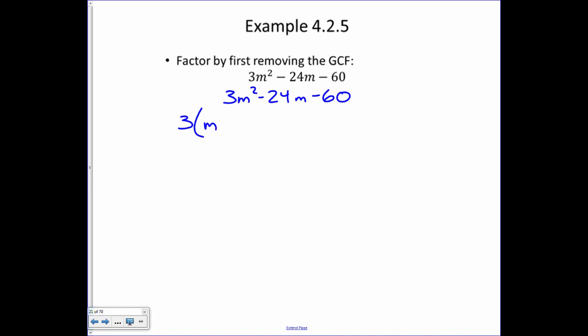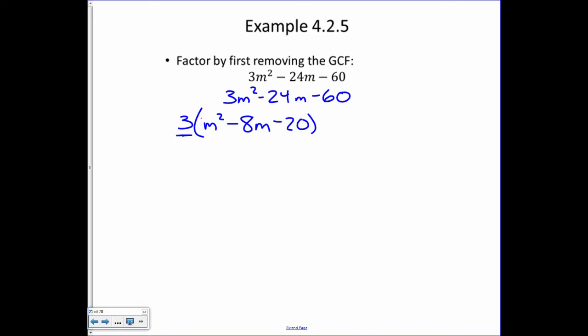And we're left with m squared, 24 divided by 3 is 8m, and 60 divided by 3 is 20. And now we need to keep the greatest common factor around because it's going to be part of the answer. But now we just need to factor the thing within the parentheses.